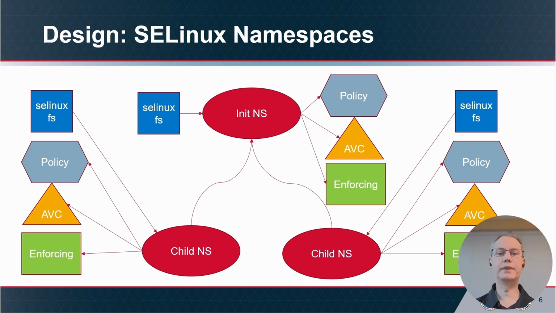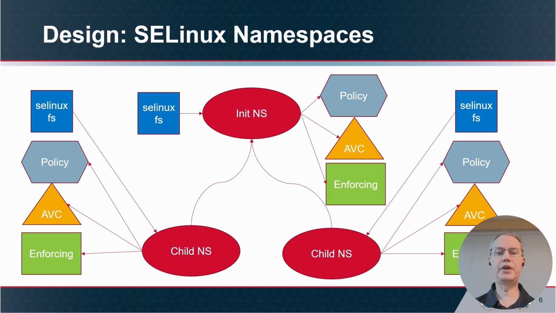This is a depiction of SELinux namespaces and their relationships to each other, to the policy, the access vector cache, and an SELinux FS instance. As you can see, there's an initial SELinux namespace and one or more child namespaces depicted here.